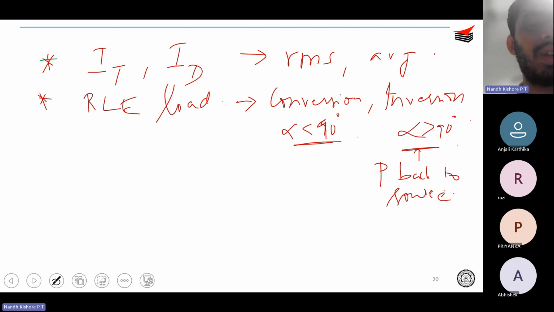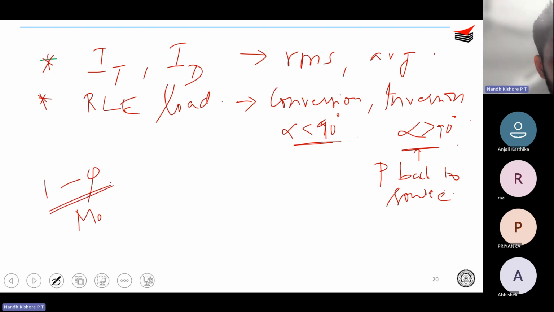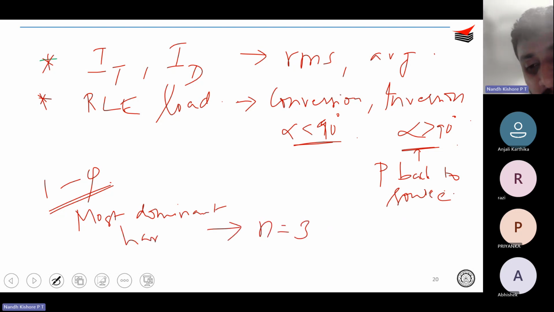Okay. Then after completing single phase, you came to the three phase case, right? So we studied three phase, and in that as well, we saw, okay, in the single phase, the most dominant harmonic is the third order, or n is equal to 3.